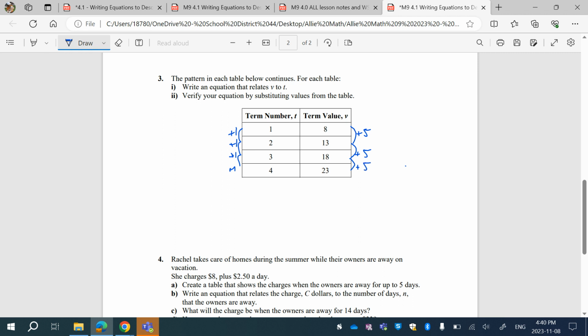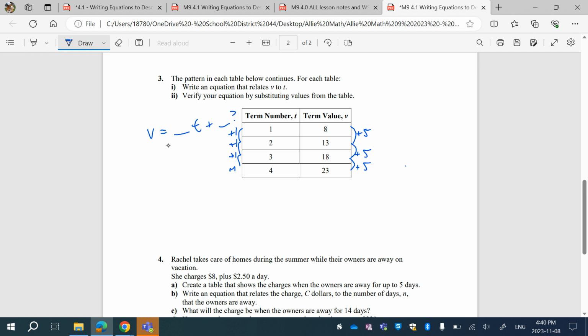So in our last one, even though you might be tempted, we are looking for, let's say, V equals blank T plus blank, something like that. So let's look. Let's try one. I'm going to think about multiplying this.